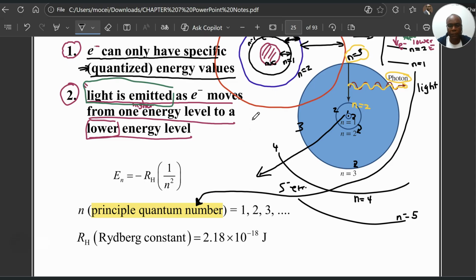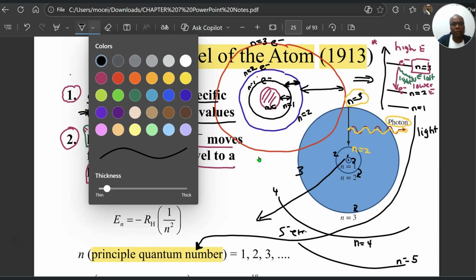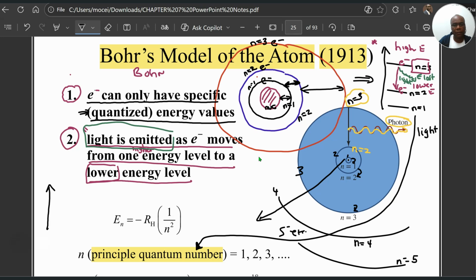Now there's an equation that helps us to calculate the energy lost between the energy levels. Okay, so like we've said, if the y-axis is energy and you are emitting from n equals 3, let's say, to n equals 2, here you have n equals 1. Probably you're going to call that the ground state. Okay, so if you want to find the difference in energy, you can do so by using an equation.